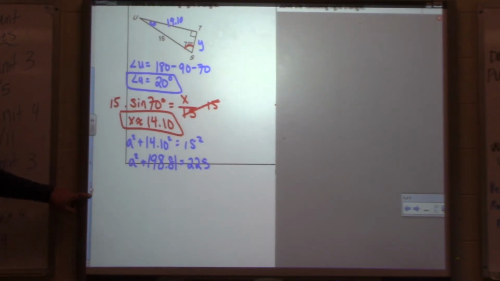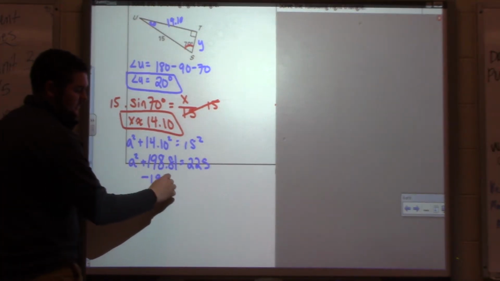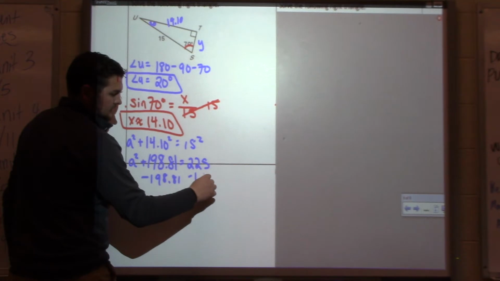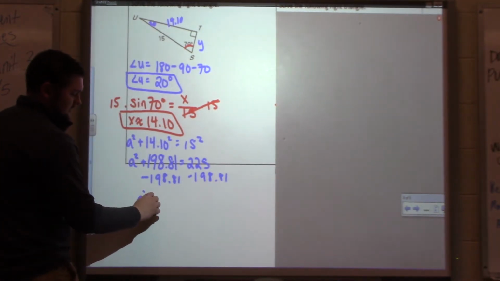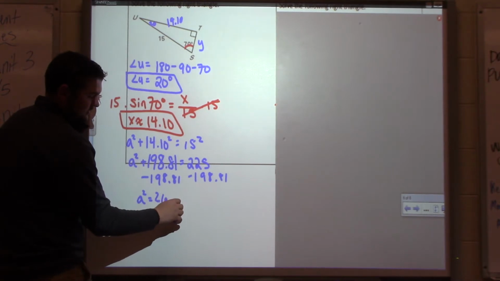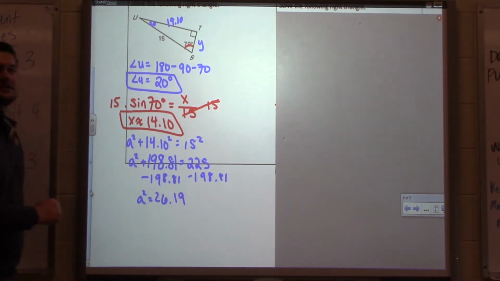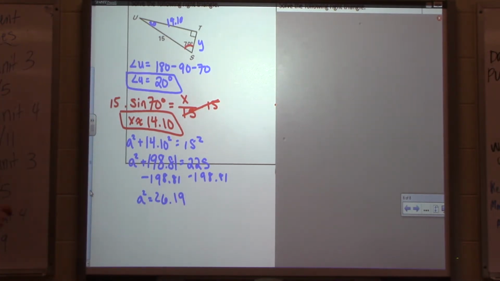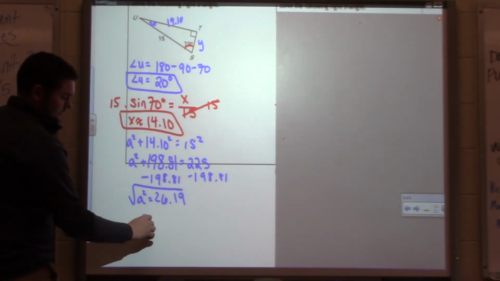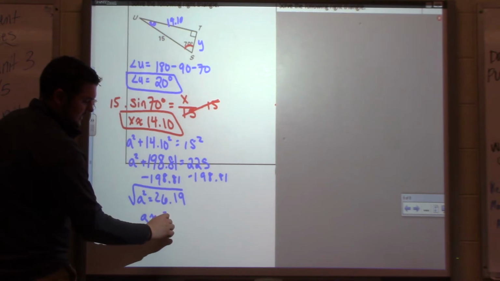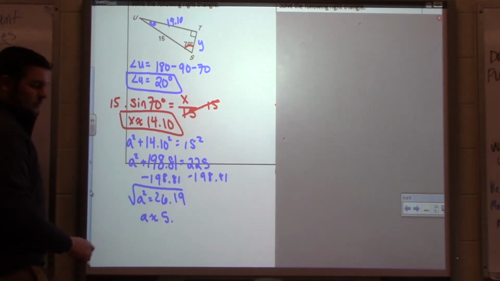And just solve it, right? Solve for A. Subtract 198.81. 26.19. A squared equals 26.19. And then how do you solve for A? Square root it. Approximately 5.1.